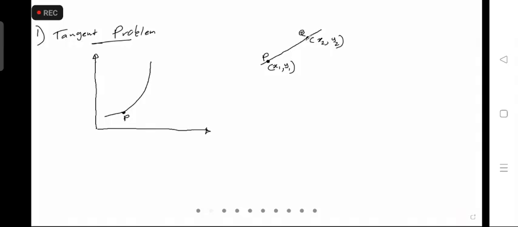If you know the coordinates of the two points, then you can find the gradient of the line. How to do this?